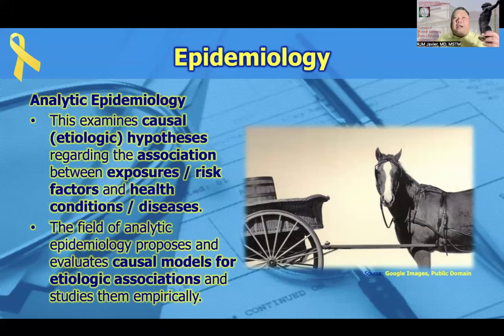When we talk of cause effect relationships, when we talk of the sine qua non, when we talk of the criterion of temporality for causal inference, the cause always precedes the effect. The horse will always come before the carriage and not the other way around.